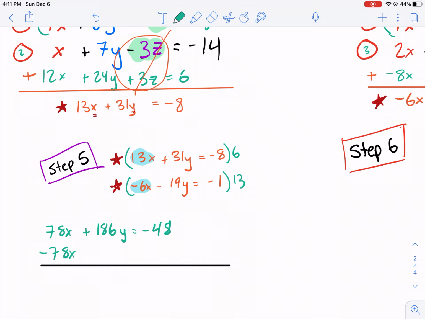That was the whole point in doing that. So I get negative 78x. Now I do negative 19 times 13. Oops. 19 times 13. One of them's negative. And I get negative 247, and that's y, equals, and then we get negative 13.